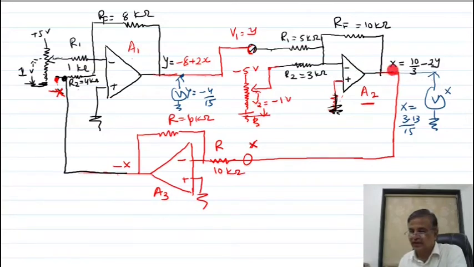This circuit gives the x, you convert it through the inverter to minus x and give it to this. So this will complete the circuit, and if you connect the meter between this point x and ground, you will get the answer 3.13 by 15. If you connect here and the ground line, minus 4 by 15. This is the way you can solve the linear equation with the help of an inverting summing amplifier.